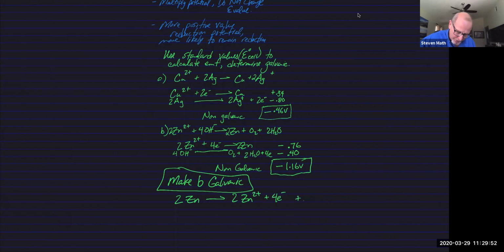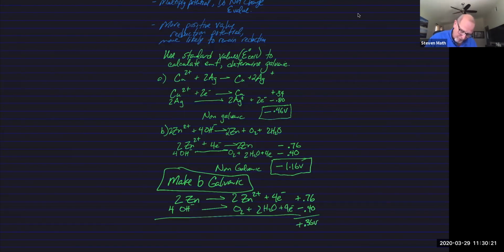Make this a positive 0.76 and keep the bottom the same. 4 OH- breaks apart into O2 plus 2 H2O plus 4 electrons, and this is negative 0.40, which means I've got a positive 0.36 volts.